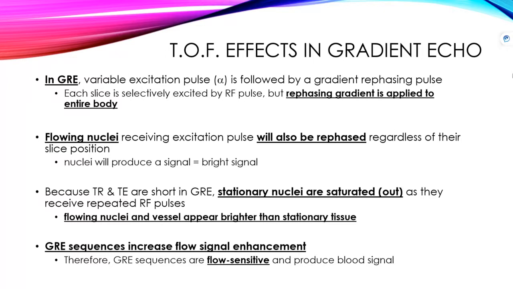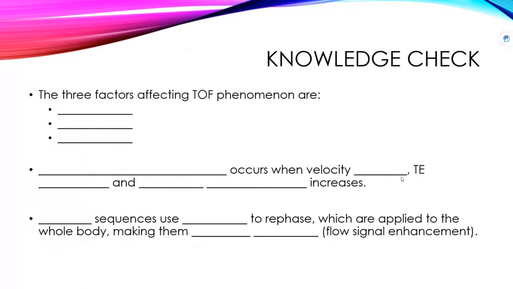So that's why typically we're using gradient echo sequences for bright blood imaging. That's what we call it, because the blood is actually appearing bright, because it looks so contrasted. We have a great contrast between the flowing nuclei and the stationary nuclei.